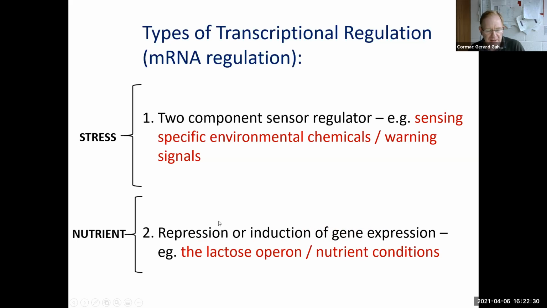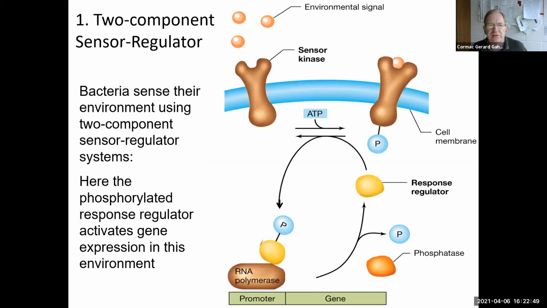Okay, and actually the first system, this two-component system, is really how the cell responds to stress, like maybe an antibiotic in the environment, or the presence of salt in the environment, and so on. Whereas for nutrients, there's a bit more detail on that. So the first of these that I want to discuss is the two-component sensor regulator system.